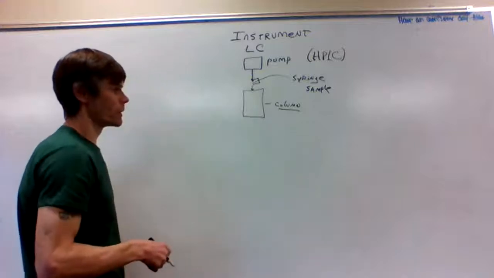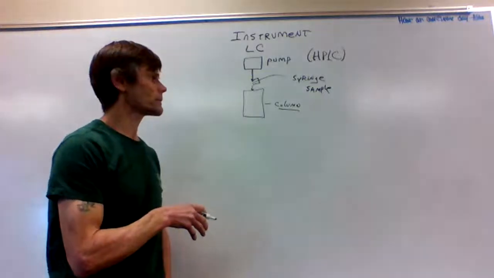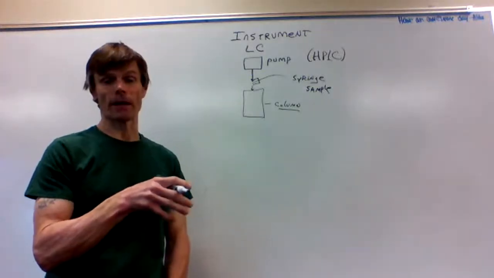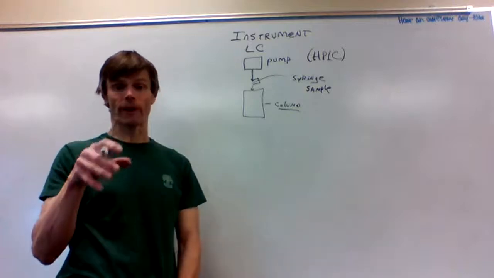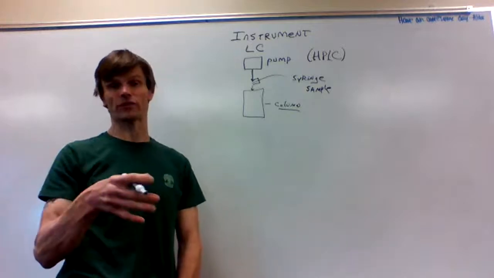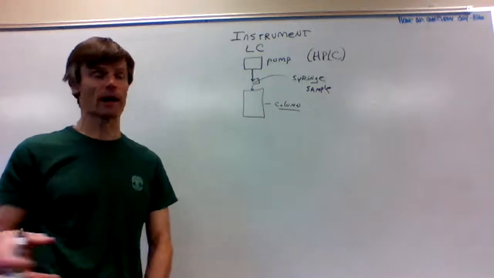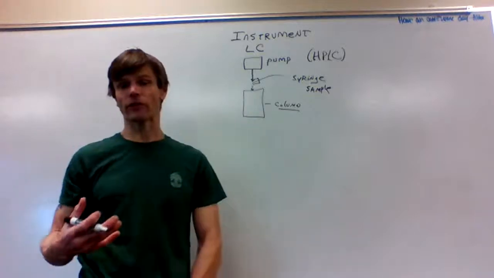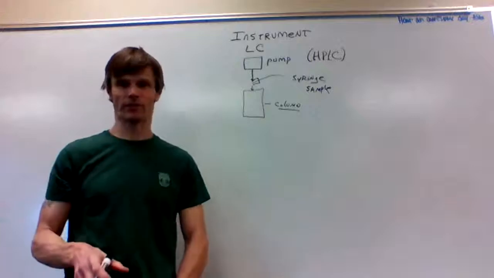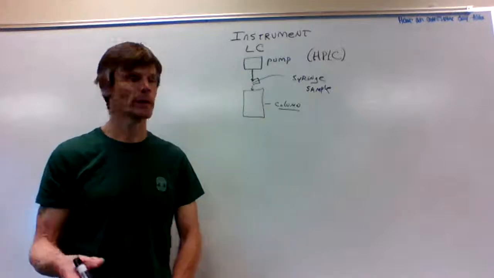Now our column will be designed to separate our analyte based upon different effects of each of the components that are in there. One component would prefer spending more time on the solid phase in our column, or our stationary phase. It could be solid or liquid.